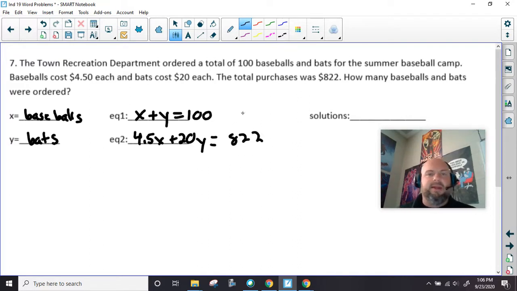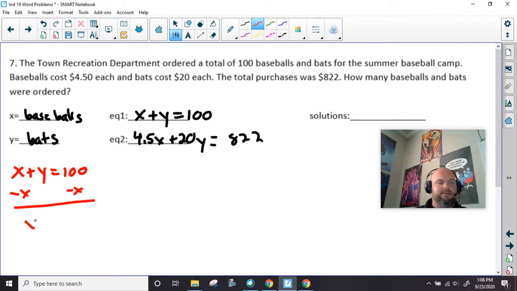Now, in the past, during class, students said, hey, let's do substitution. Let's solve for y. So if we take this first equation and we solve for y, move x out of here, that's what we plug in.